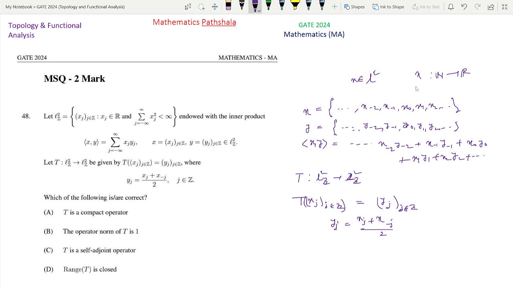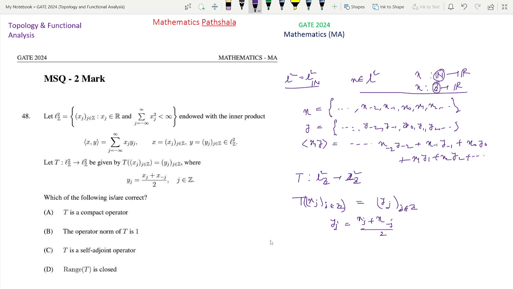So here this type of functions are from Z to R. Here this N is replaced by the set of all integers Z. So this type of elements are in this set ℓ²(Z). Simply ℓ²(N) is like ℓ²(Z). Okay, so the set is clear now.